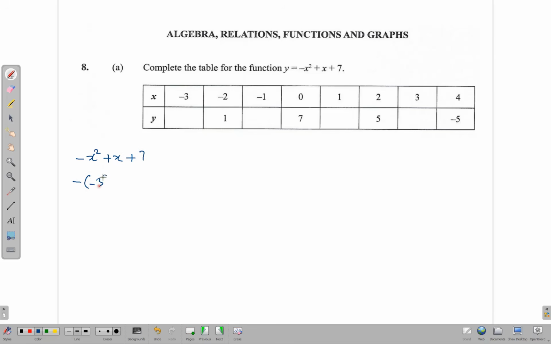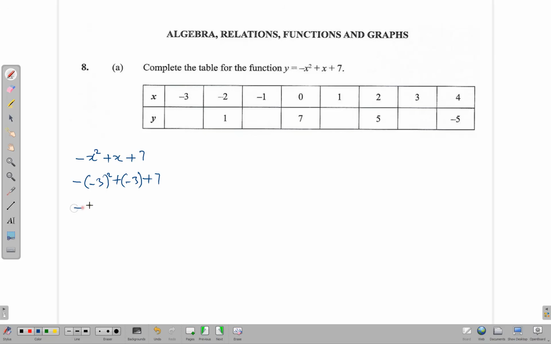Minus -3 squared plus -3 plus 7, and there's no reason why you can't do this on a calculator. If you're doing that, just make sure that you type in the signs as you see them and use a bracket for your numbers.